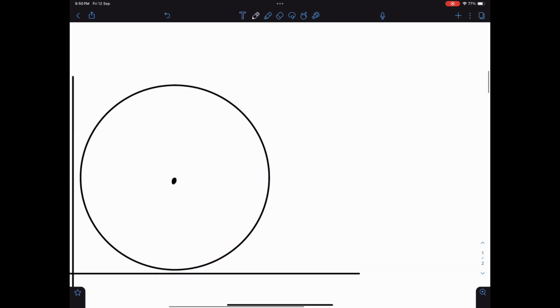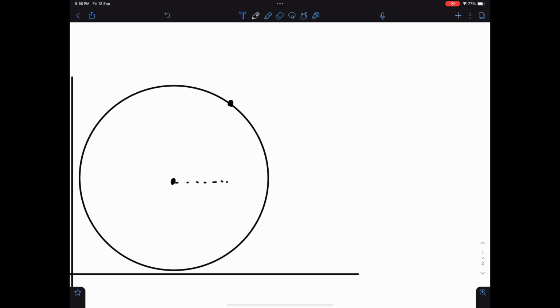So let's take the case here, up here. Now, it may be difficult for you to imagine this, but I'm just going to jump straight in to drawing this, a right-angled triangle.